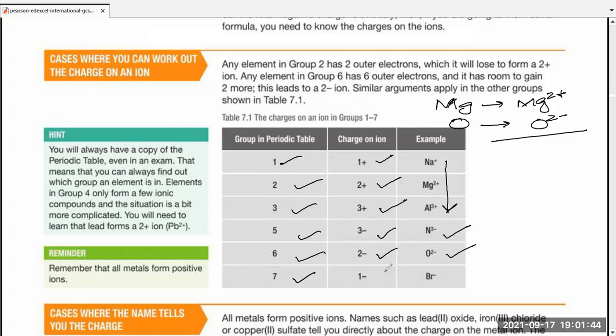Group 7 gains 1 electron, and it has a −1 charge. So, as we have just discussed, the examples are nitride, oxide, bromide, or any halide ion for negative charges. Remember, all metal atoms form positive ions, and non-metals will tend to form negative ions in ionic bonding.